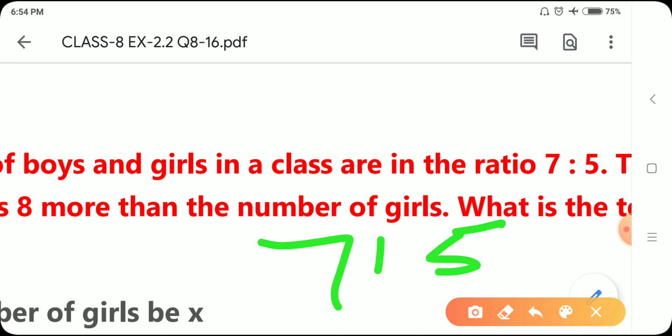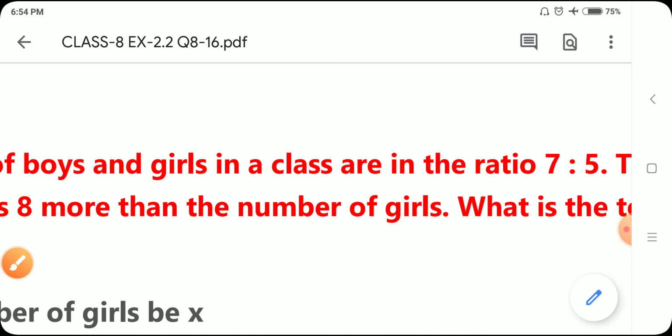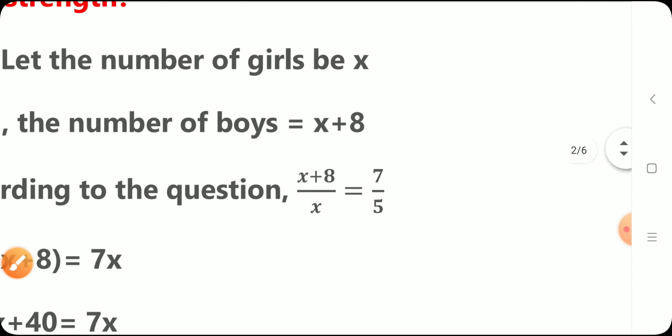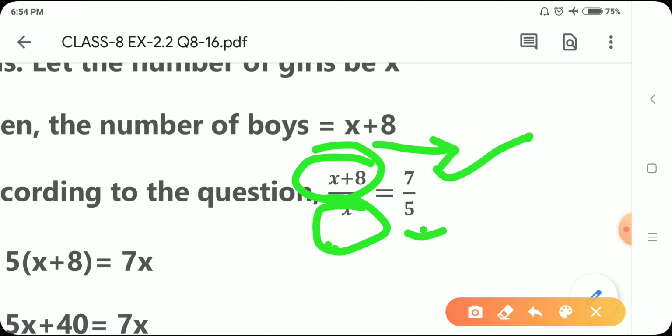So boys are x plus 8 and girls are x, and with respect to the girls, their ratio is 7:5.